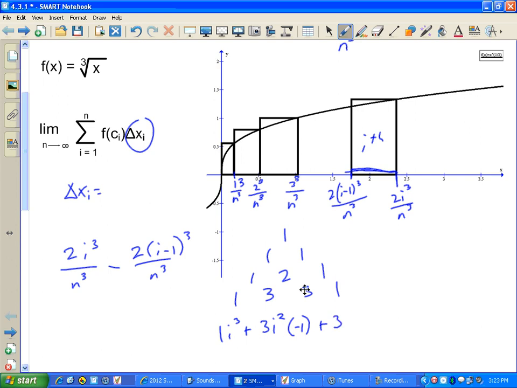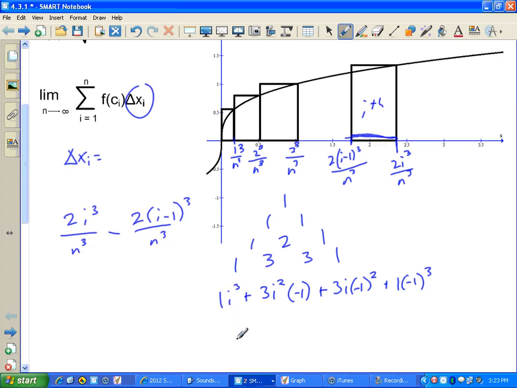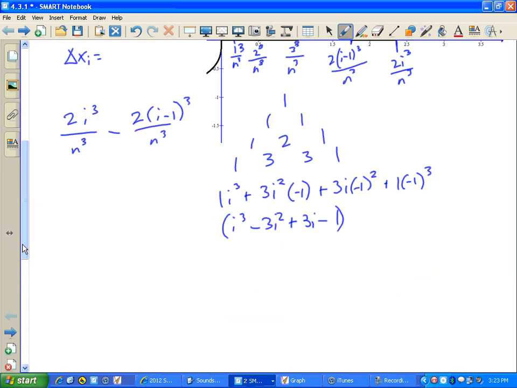My next coefficient is 3 again. i gets 1 less power, negative 1 gets 1 more power. 1 is my coefficient, i gets 1 fewer power, so there's none, and negative 1 gets all of the powers. So this simplifies to be i cubed minus 3i squared plus 3i minus 1. And then we multiply all these by the 2 that's sitting out here.